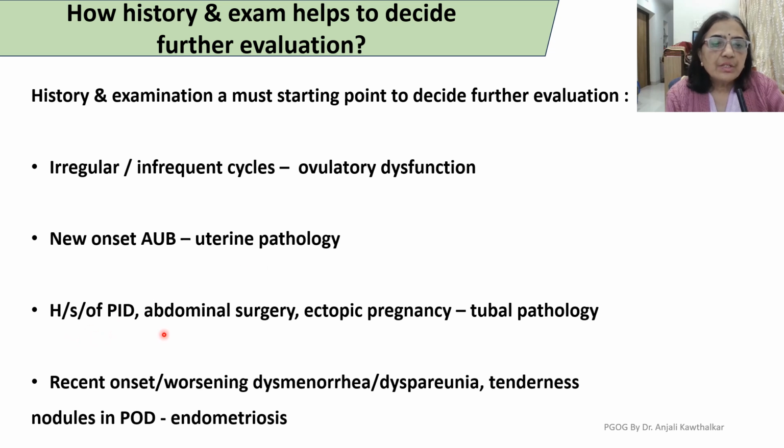If there is a history suggestive of pelvic inflammatory disease, previous abdominal surgery or previous ectopic pregnancy, then we need to focus on whether there is a tubal pathology or not. For recent onset or worsening dysmenorrhea, dyspareunia, fornicial tenderness, tenderness over the uterus, or tender nodules in the pouch of Douglas, we need to focus mainly on evaluating for endometriosis.